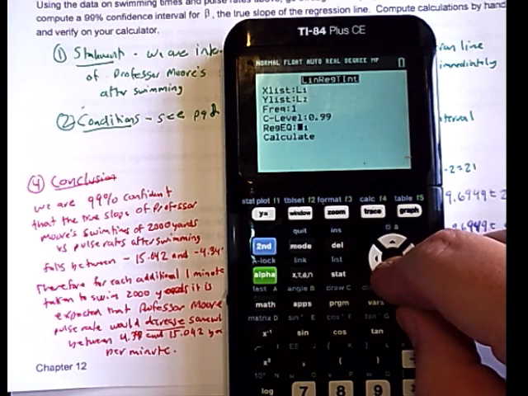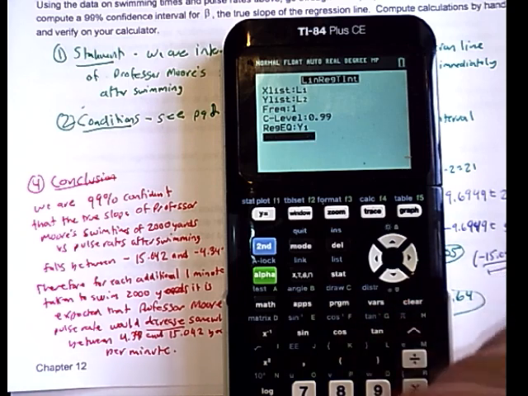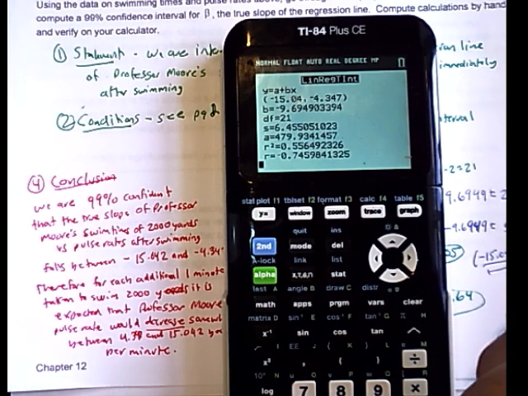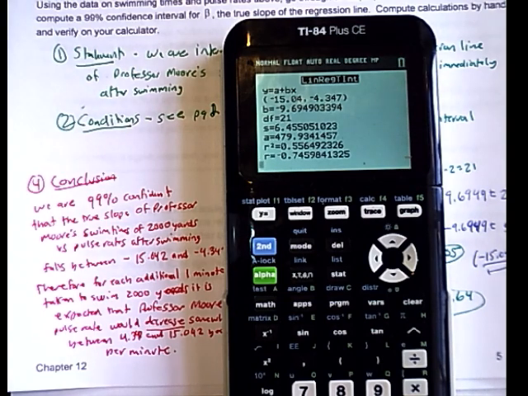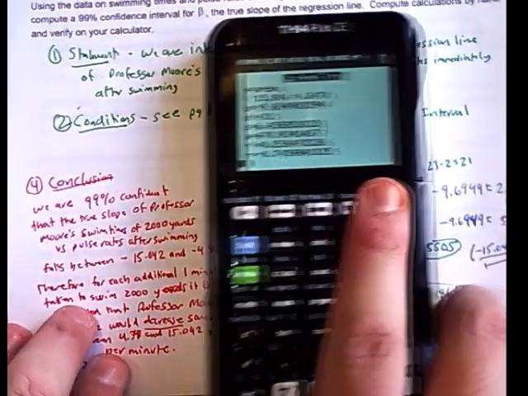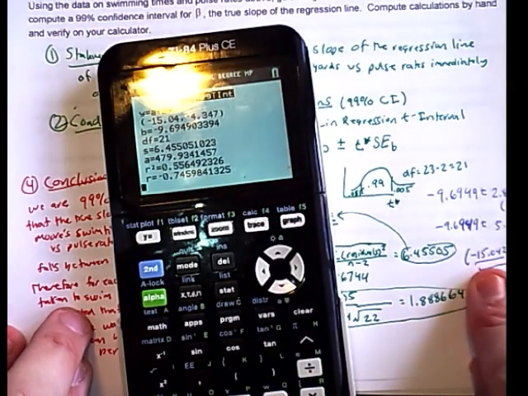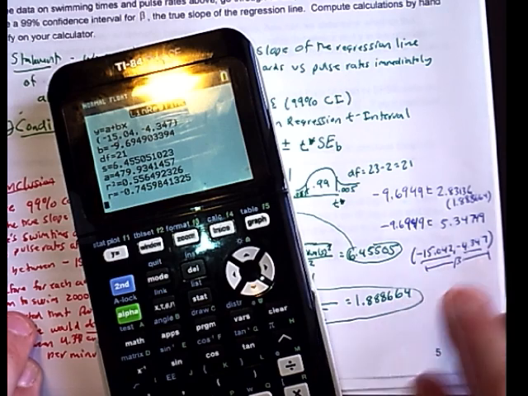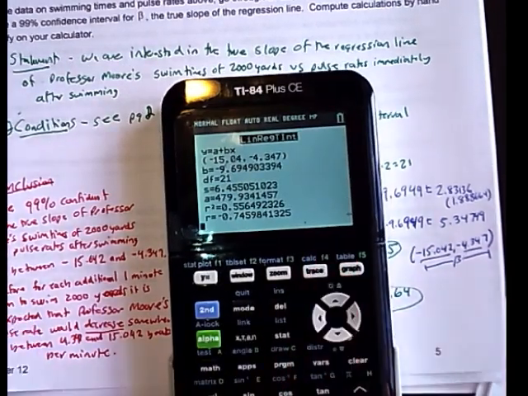If we didn't do regression already, we can automatically do regression and store it in Y1. Calculate it. There we go. Here's your interval, negative 15.04 to negative 4.347. Look at what we got: negative 15.042, negative 4.347, exactly the same thing. It was just a lot quicker.